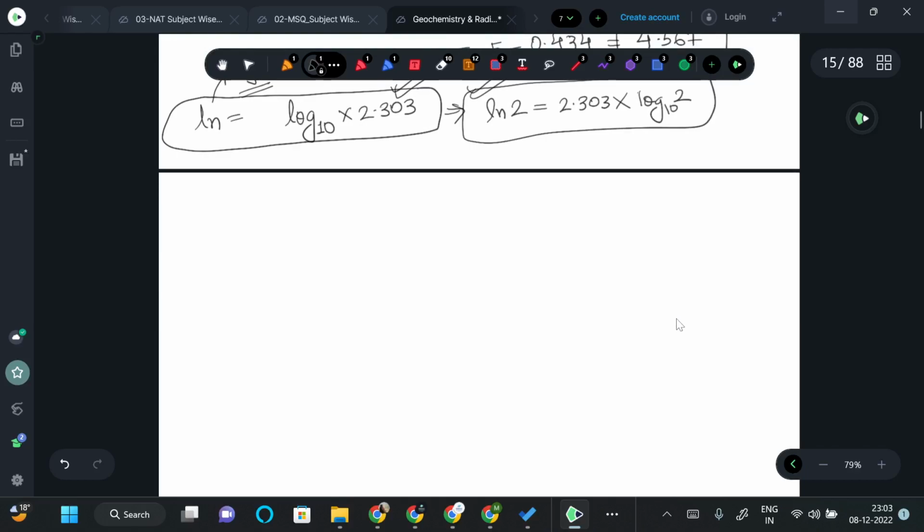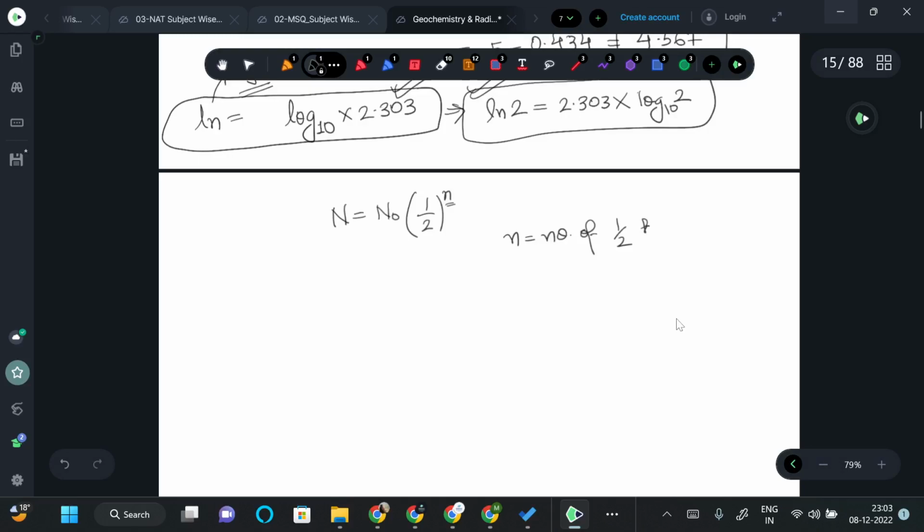So, N is equal to N naught into half to the power small n. What is this small n here? The number of half-lives. Yes. So I'm just writing some basic formula here.